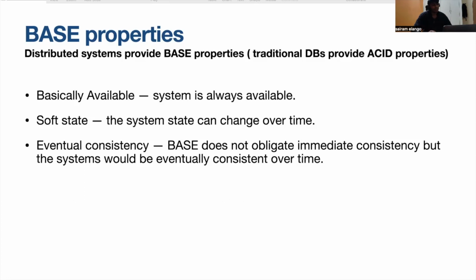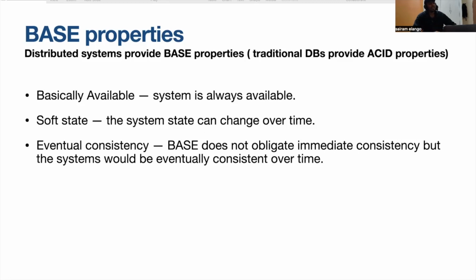Soft state means that the system state can change over time. So if I do a write request in one node, then this node will replicate the data to the remaining nodes in my cluster. If some other user then requests the same data to be read from a different node, then immediately that data won't be available, but the system state will change over time.